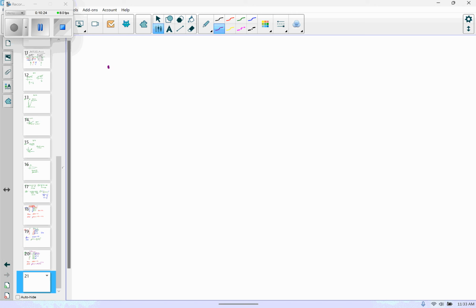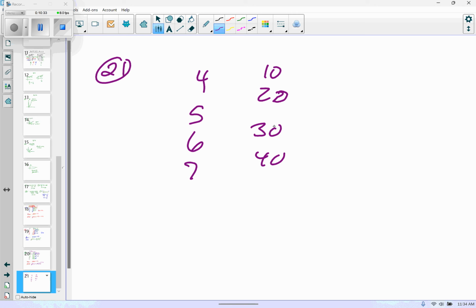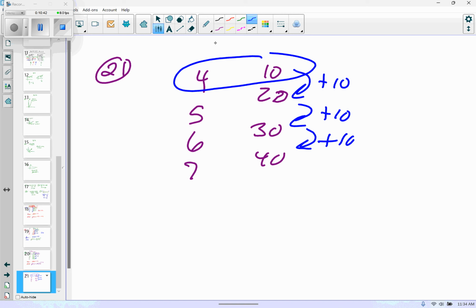Then number 21, 4, 5, 6, 7, 10, 20, 30, 40. So we're adding 10 each time. Okay, this starts at the fourth term, so this means I'm going to have n minus 4 as part of my equation.